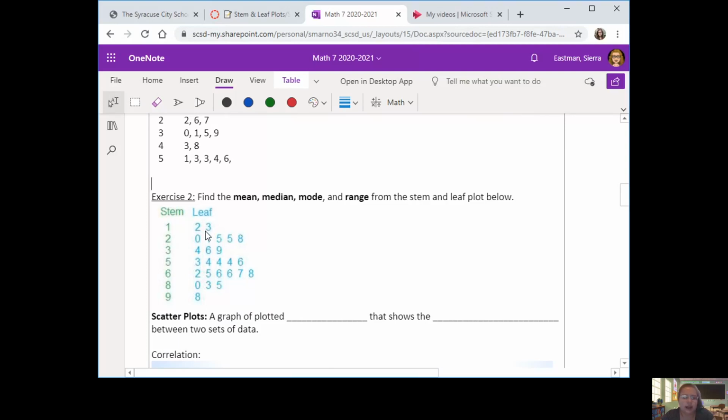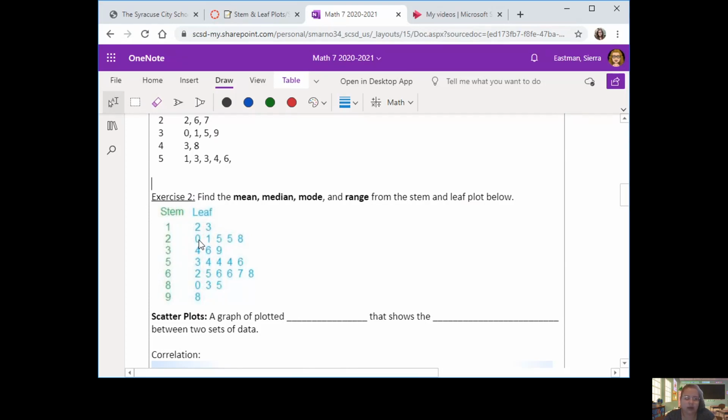So when I'm starting to add these together, I'm going to use my calculator here. We have 12 plus 13 plus 20, because that's the 2 and 0, plus 21, plus 25, another 25, and then 28.